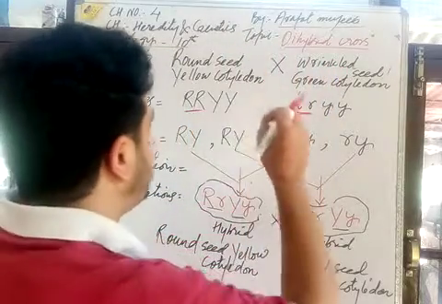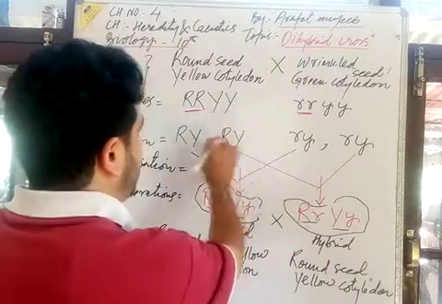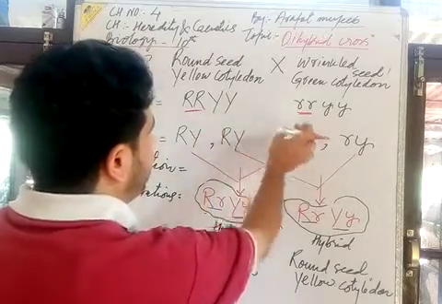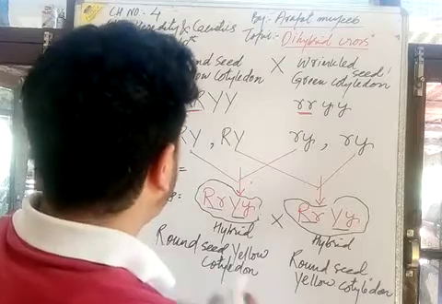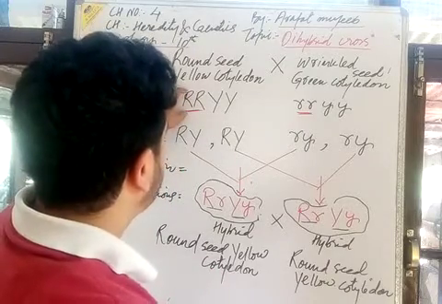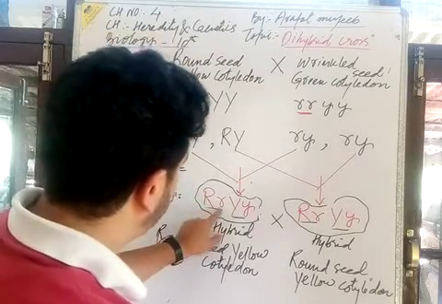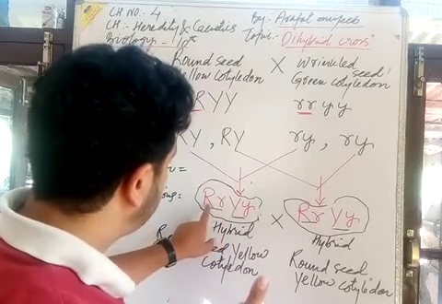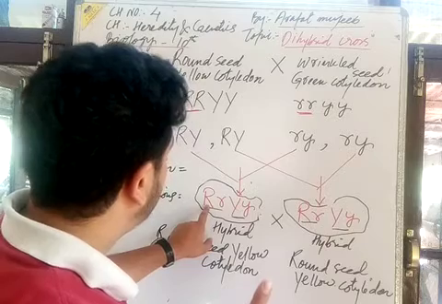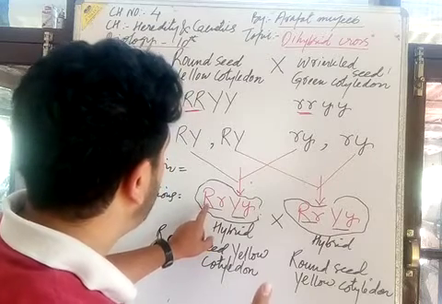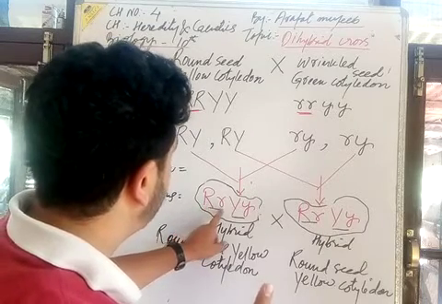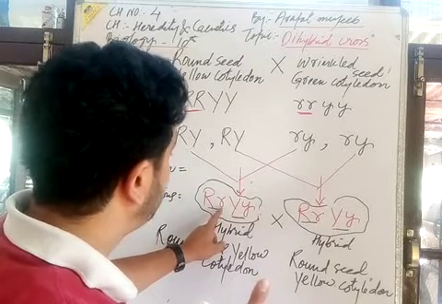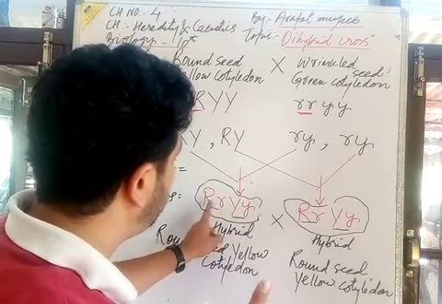When there is gamete formation and recombination, this factor is associated with this. Pay full attention to the law of independent assortment. This factor maintains the round seeds, and this is a factor maintaining the wrinkled seeds; still both of them remain on recombination.